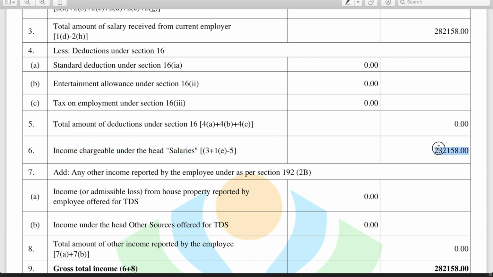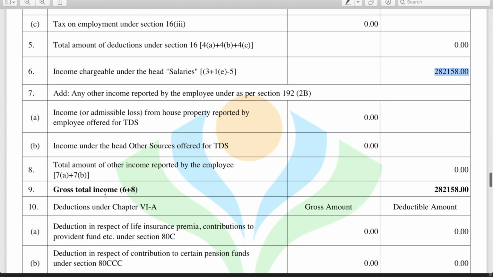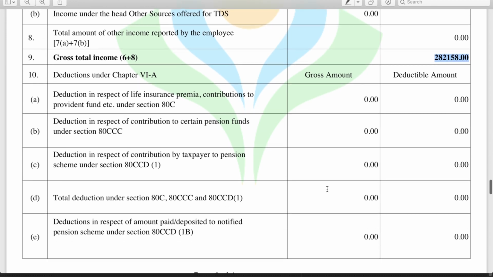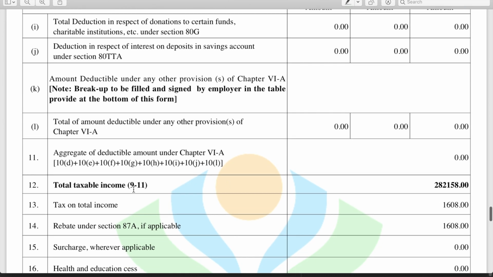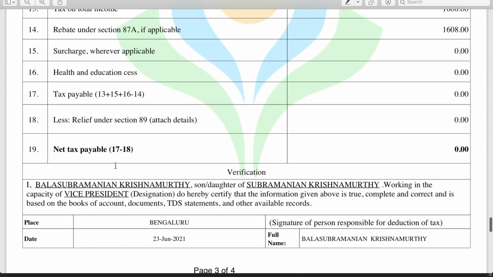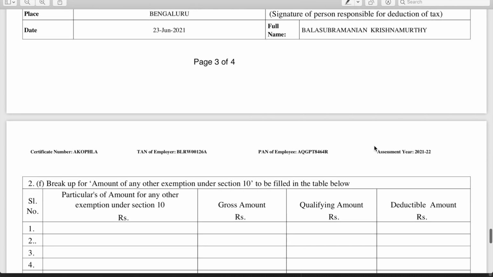In my case, it comes to 2,82,158 rupees, and we will be able to see the gross income salary, that is what I just told, and we should be able to see the total taxable income, that would be after the deduction and exemption. And finally, we should be able to see the net tax payable. In case you are getting any refund, we should be able to see the refund information as well.